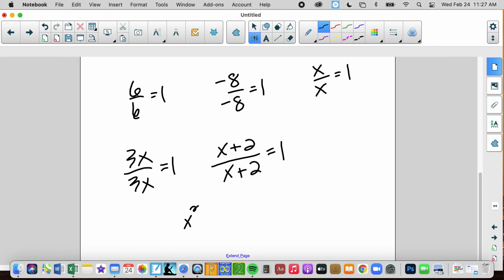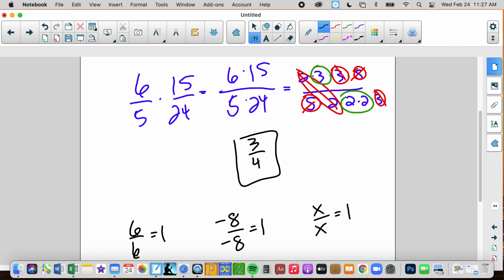And x squared plus 3x minus 4 over x squared plus 3x minus 4, that's also equal to 1. So anything over itself is equal to 1. That's why the 3 over 3 was canceling, and it cancels to 1.